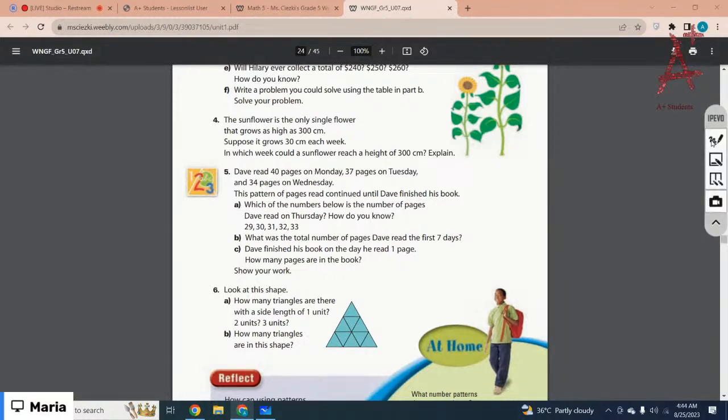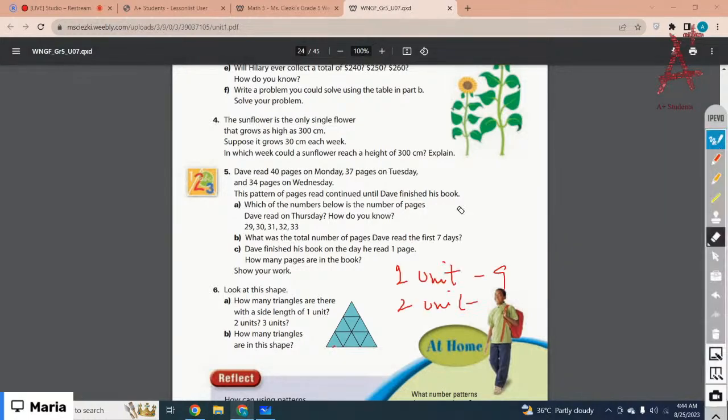So it would be like this: 2, 2, and 2. Only one triangle, right? And when 3 units, 1, 2, 3, and 1, 2, 3, there is only one triangle.